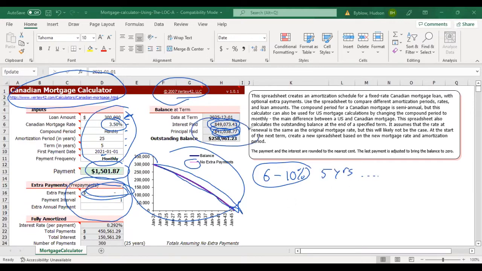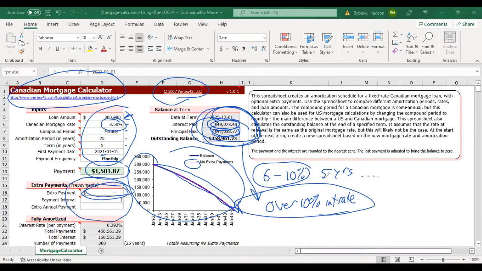But as we can see right here, over the first 5 years, we have an average of over 100% interest rate. So there's a few things we need to consider right off the front: how do we break the mindset that putting our money in investments is the right idea, even if you're getting a decent rate, when in reality, your interest rate could be a percentage rate like this?